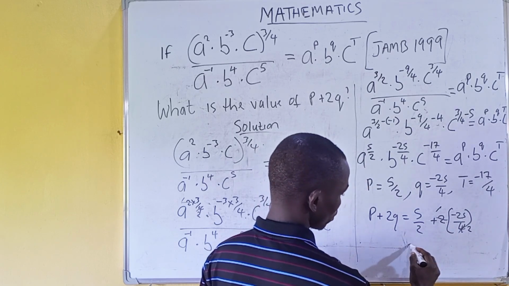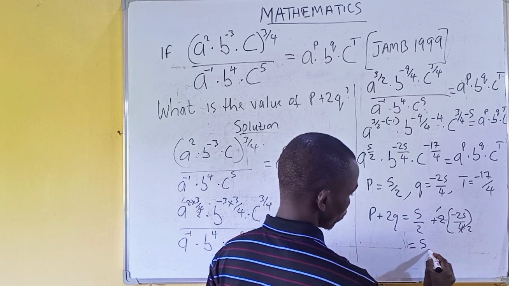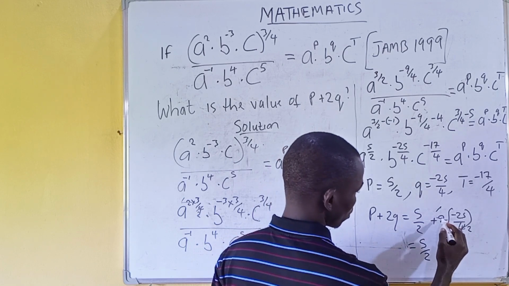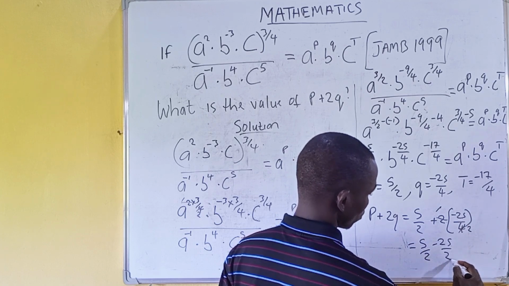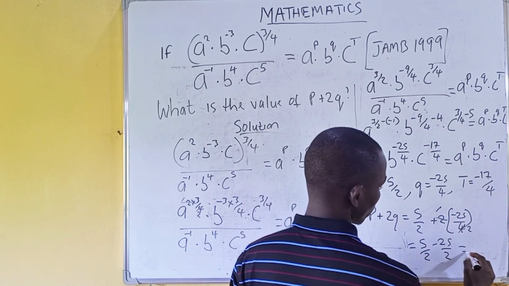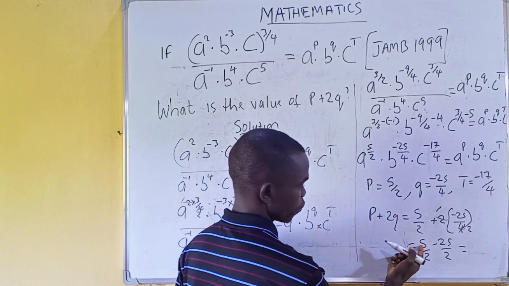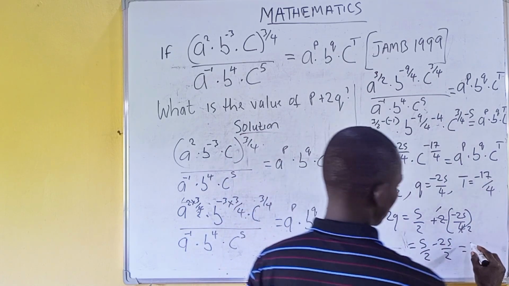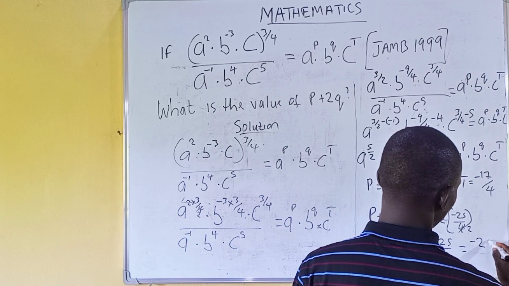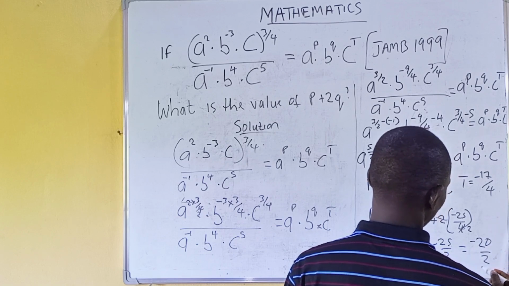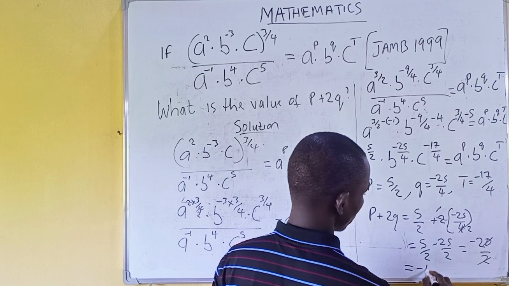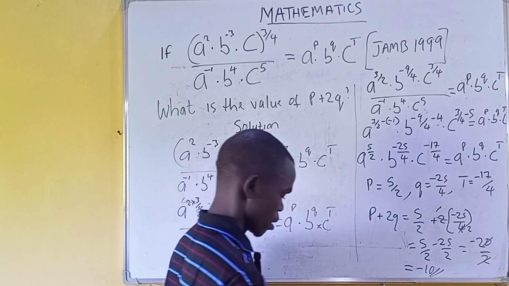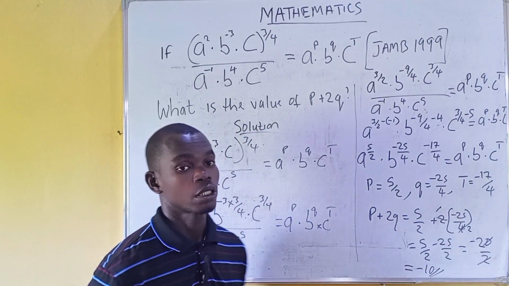So it will now be equal to 5/2 minus 25/2, which will now be equal to 5 minus 25 will give you minus 20/2. So this divided by this, our answer will now be minus 10. That's our answer for this question.